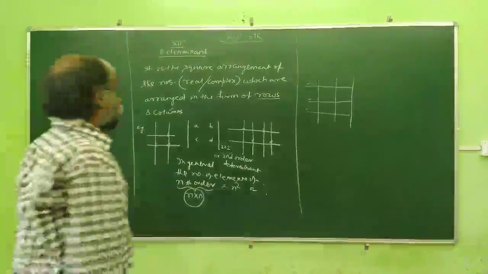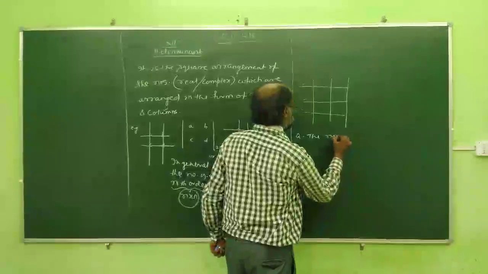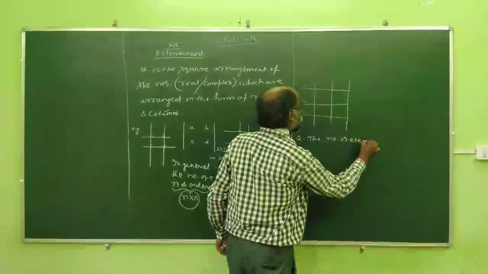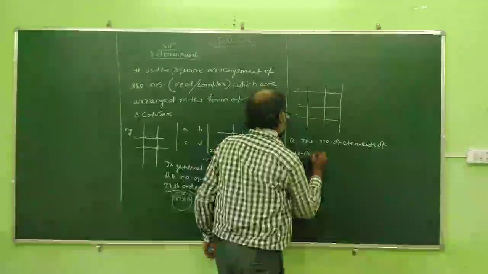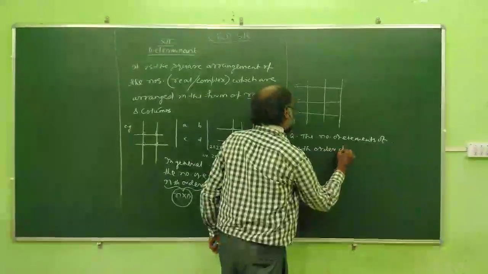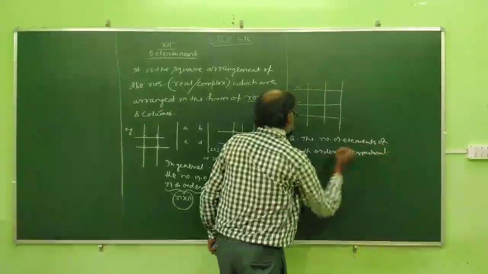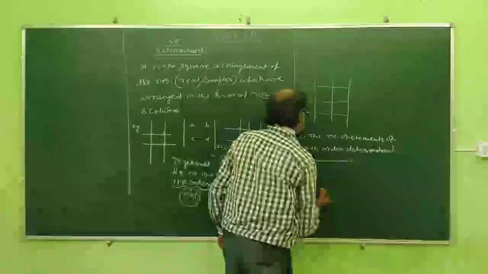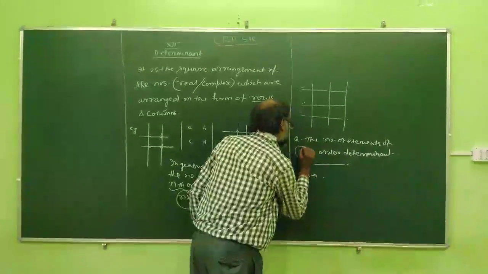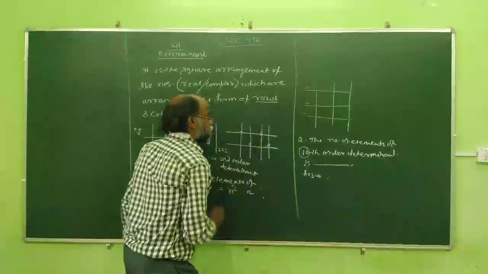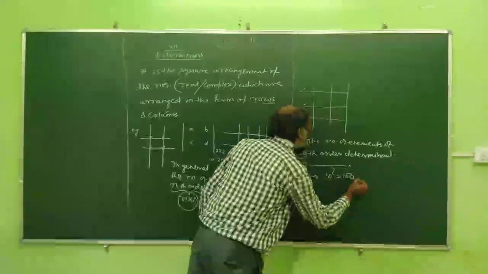So suppose the question is the number of elements of nth order determinant is dash. And n is 10. So number of elements will be n square, means 10 square, that is 100.